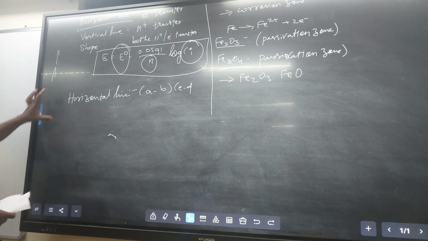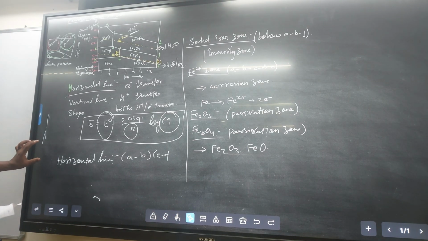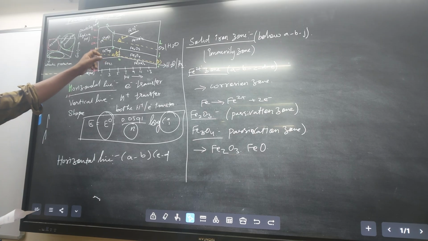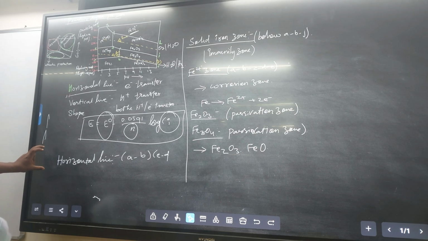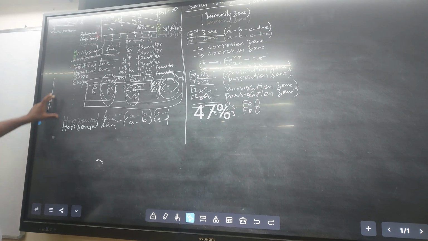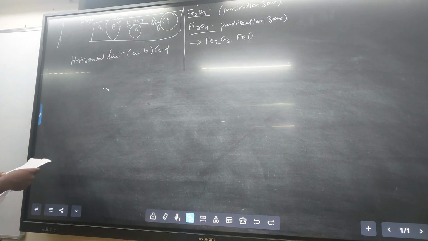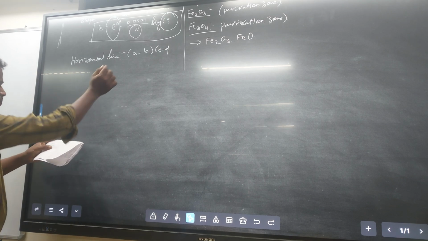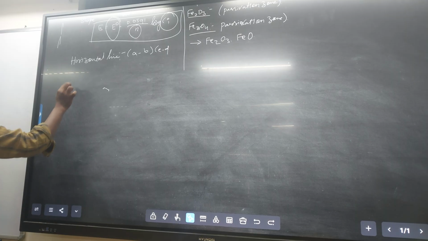AB and ED, it represents what? That is oxidation. Metal oxidizes continuously. So it represents the redox reaction.